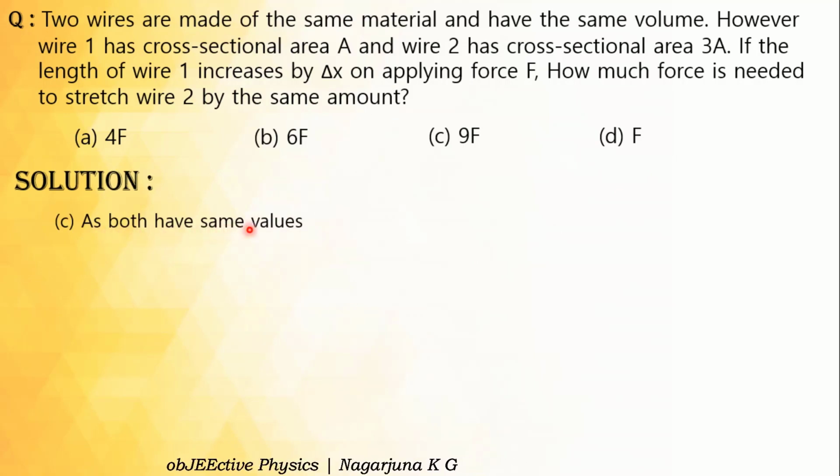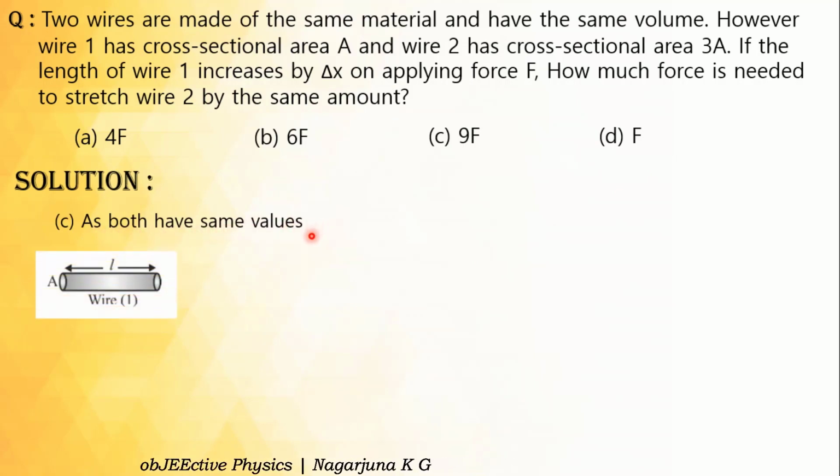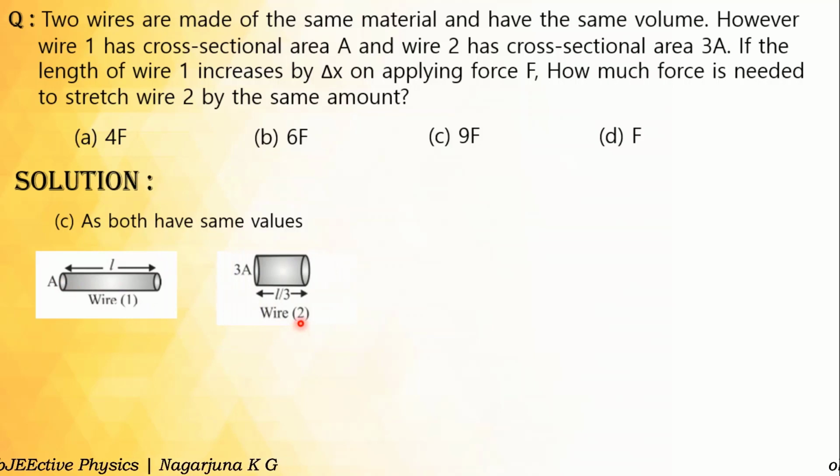As both have the same volume, observe the first wire, length L, area of cross section A. For the second wire, length is not mentioned actually, but area of cross section is given 3A, and volumes are given the same.